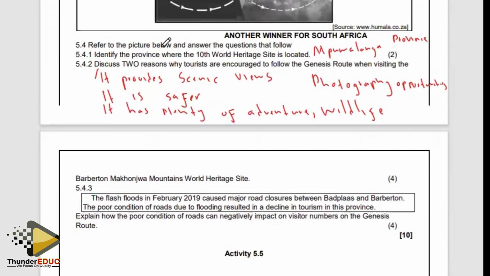The flash floods caused major road closures between Barberton and Lebanon. Explain how the poor condition of the roads can negatively impact visitor numbers. All right, so you can say that visitors can cancel trips.